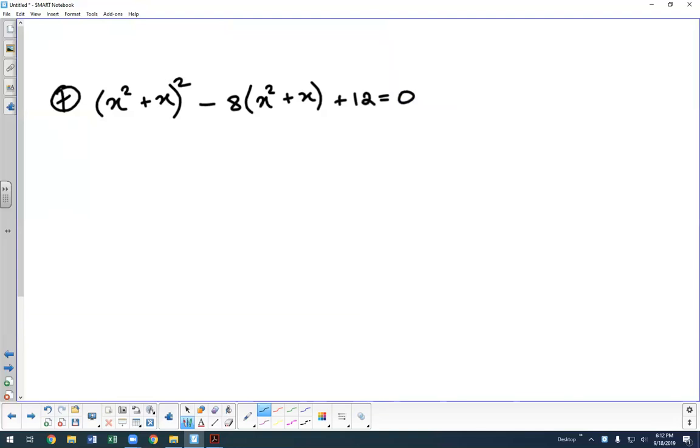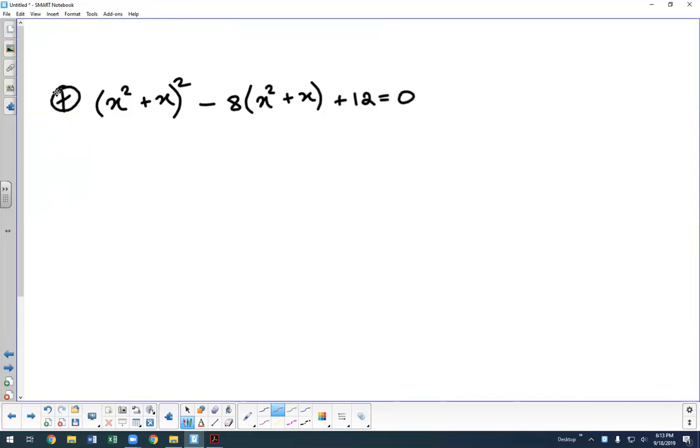So what will our u substitution give us? Yeah, I'd say u plus x, but I don't know what a singular x would be. What the singular x would be, okay?